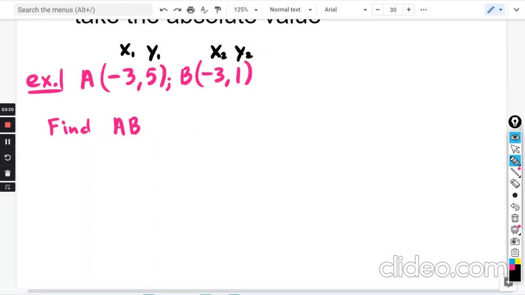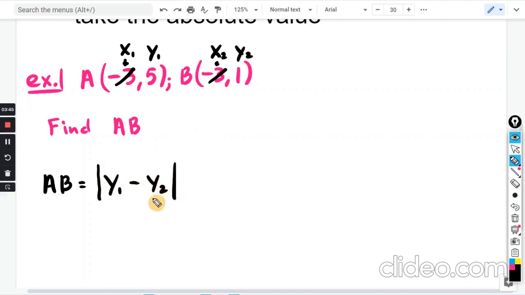All right. Now you can see the x coordinates match. They're both -3. So we can ignore the -3. And in order to find AB, we're just going to take the absolute value and we're going to subtract y1 minus y2. Or you can do it the other way around.